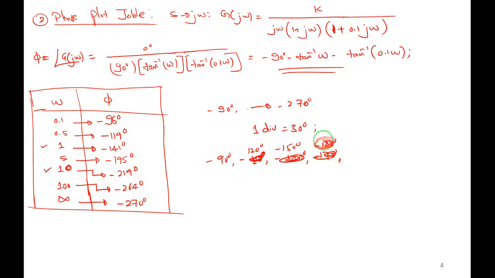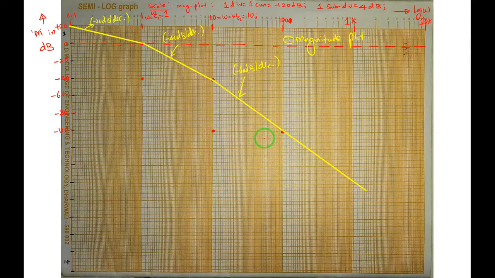So 180 degrees is the reference line. Then minus 210, 210 plus 30, then 270. So 1, 2, 3, 4, 5, 6. That is 6 divisions available, right? So 1 division equal to 30 degree will be the scale. Let me write the scale here only for the phase plot.